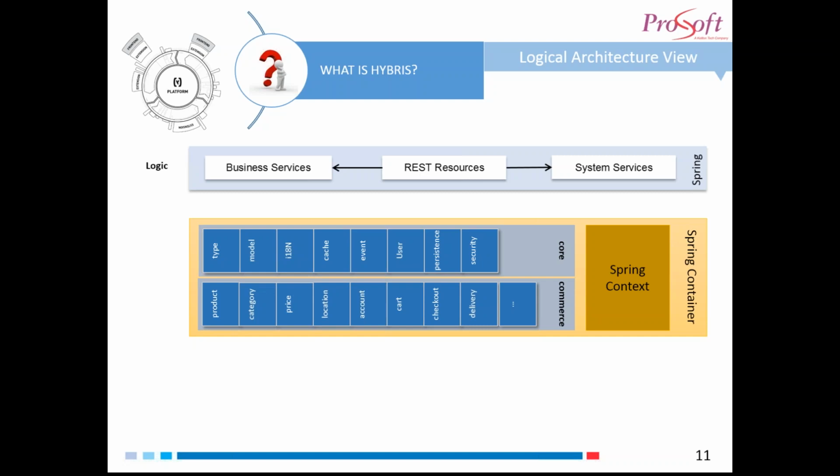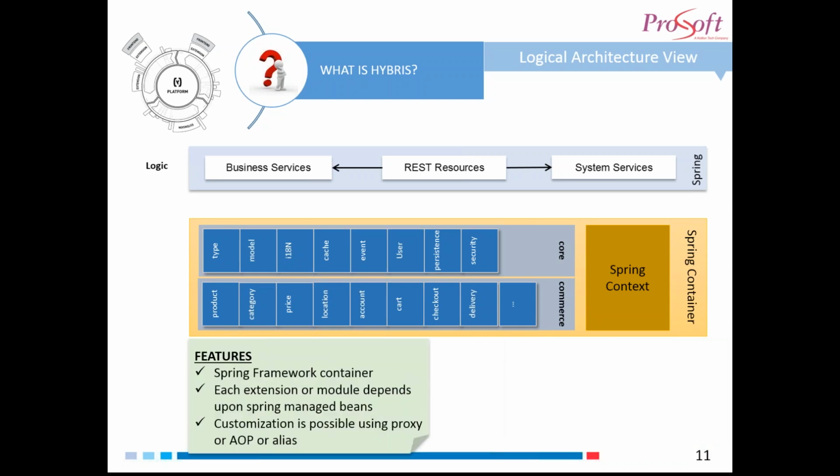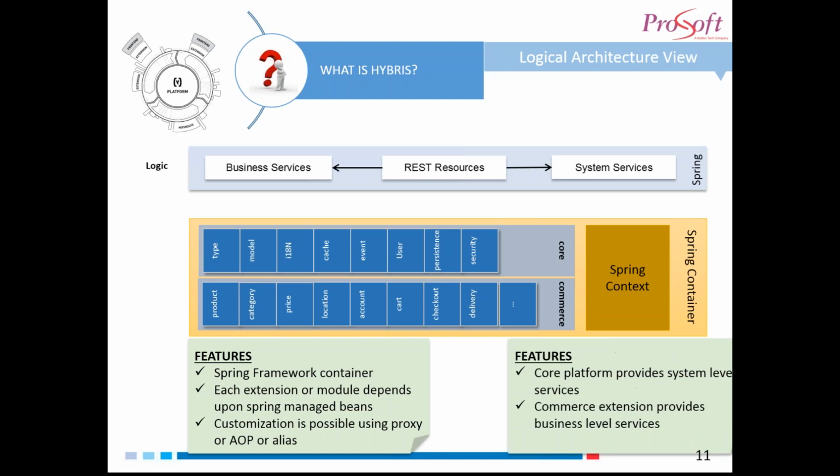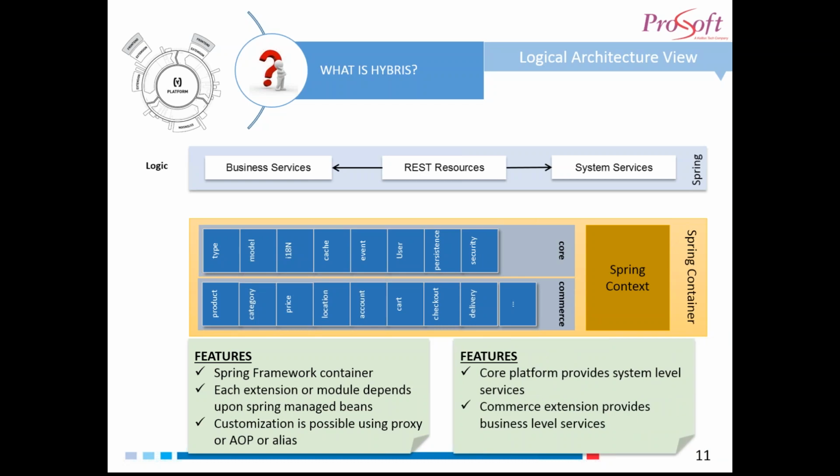We have to keep in mind that whenever we start writing these applications, it is critical that we have a good understanding of Spring. The features are: it is a Spring container, and each extension module depends on Spring managed beans.